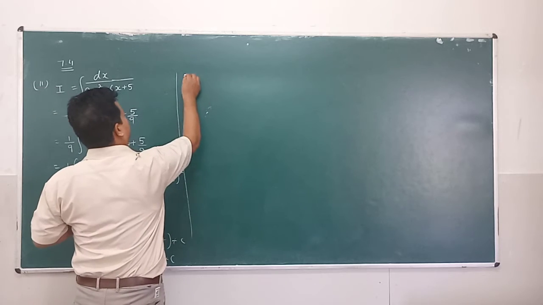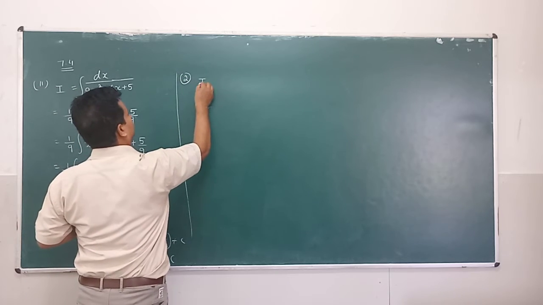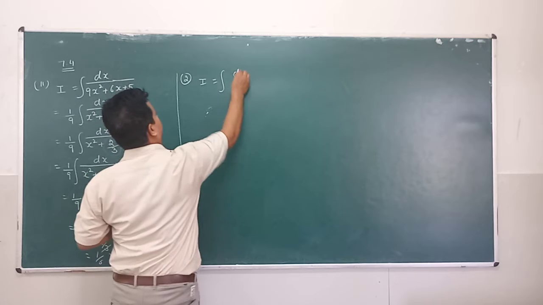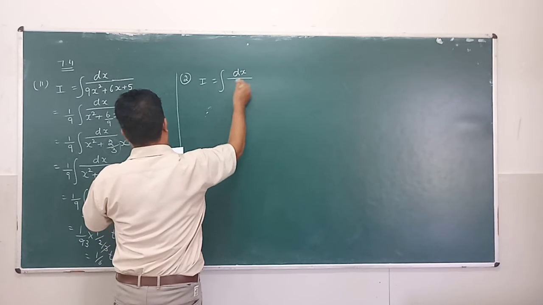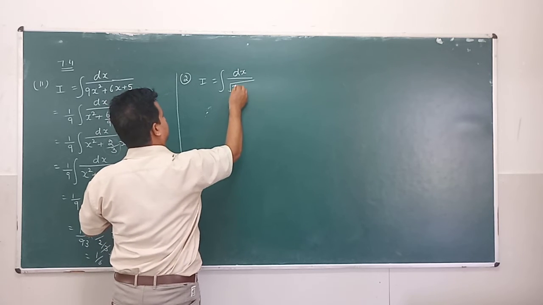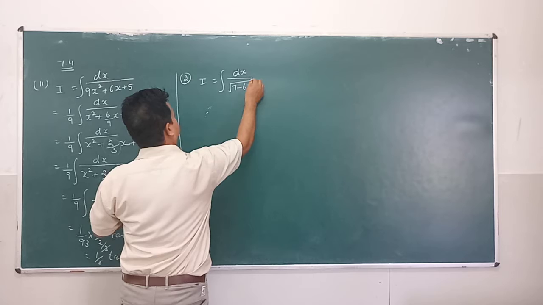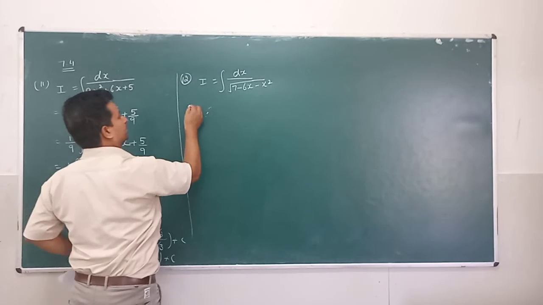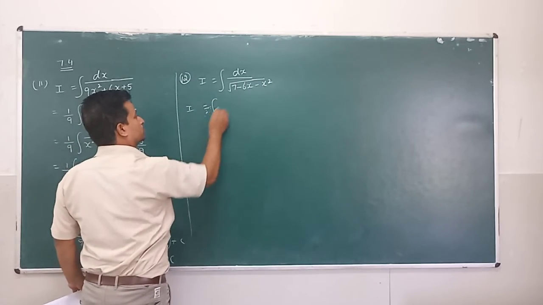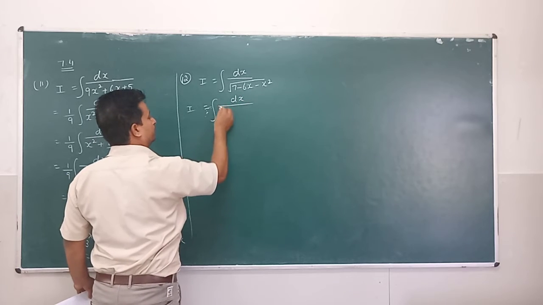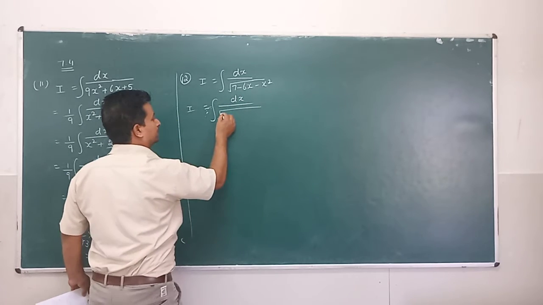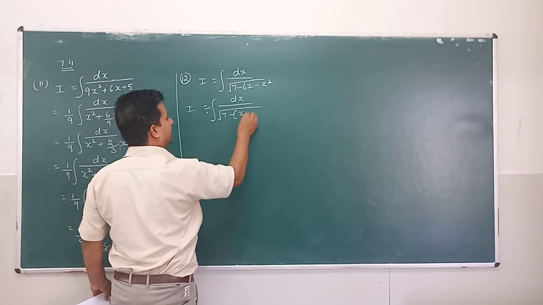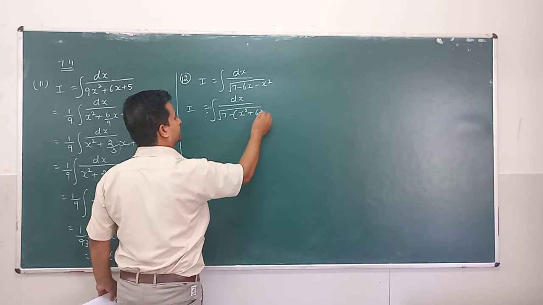In the next question, question number 12, the statement is I equals integral of dx upon 7 minus 6x minus x square. In this question, first we make the coefficient of x square positive.